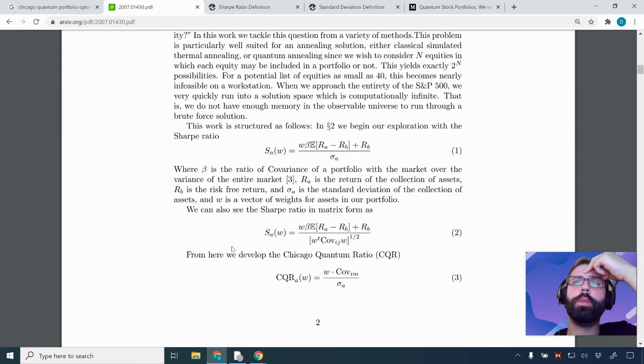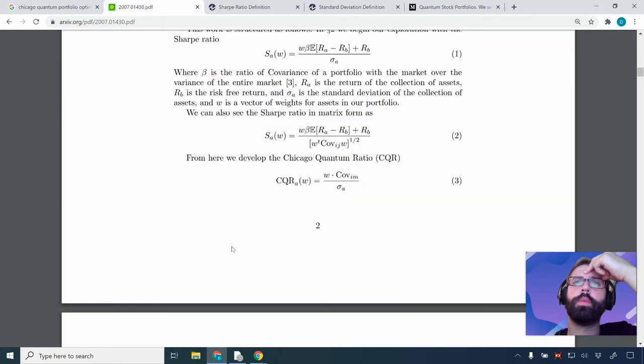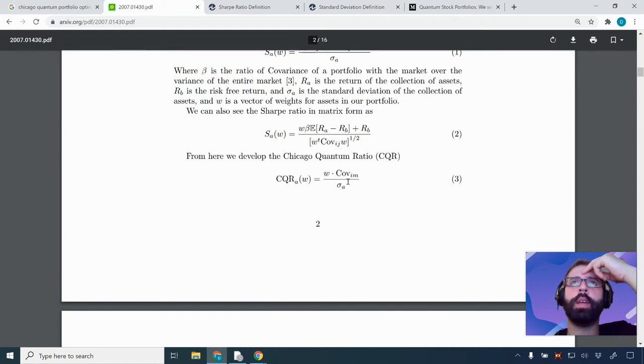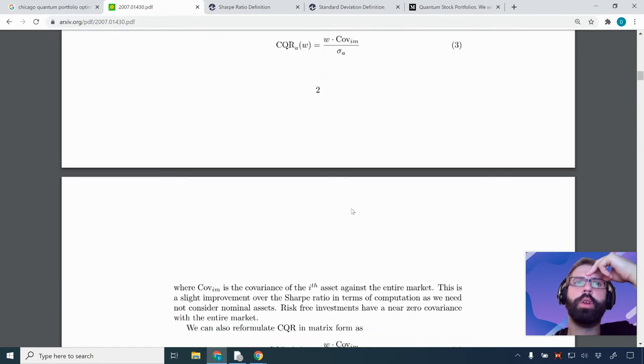From who developed the quantum ratio, which is W times the covariance, where cov iM is the covariance of the ith asset against the entire market.